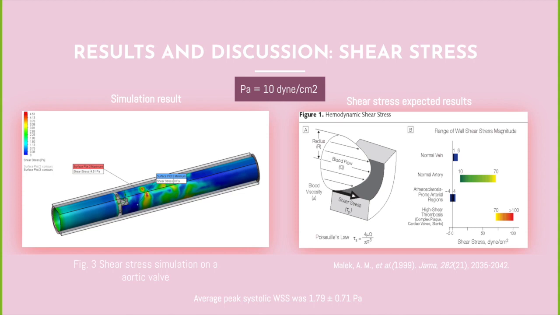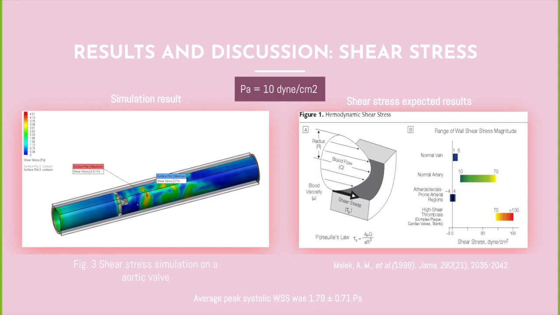dynes per square centimeter. We found that in a paper. If we transform that into pascals, we saw the relation that 1 pascal is 10 dynes over centimeters square, and our shear stress is around 4.5 pascals. One might see that this can be actually good.